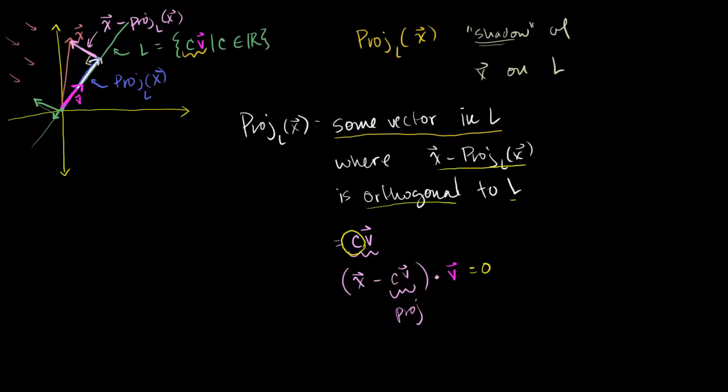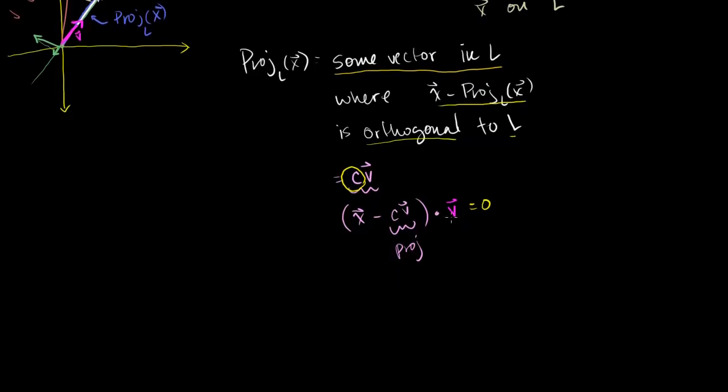So if we distribute the v, we know the dot product exhibits the distributive property. This expression can be rewritten as x dot v minus c times v dot v, and all of this, of course, is equal to 0.